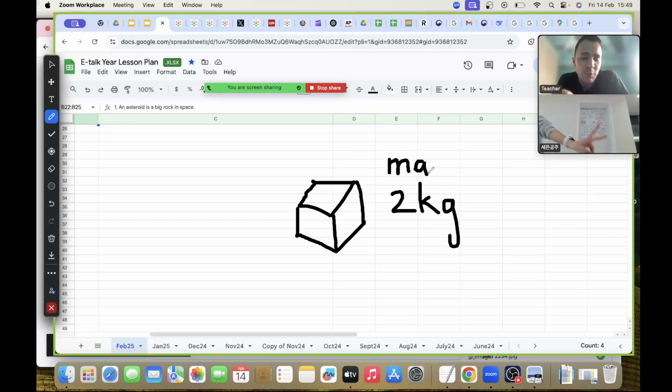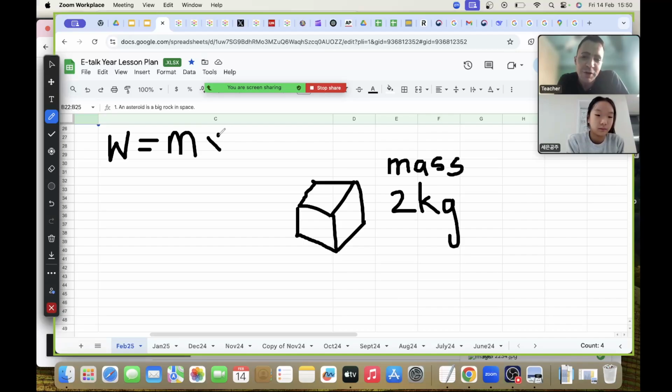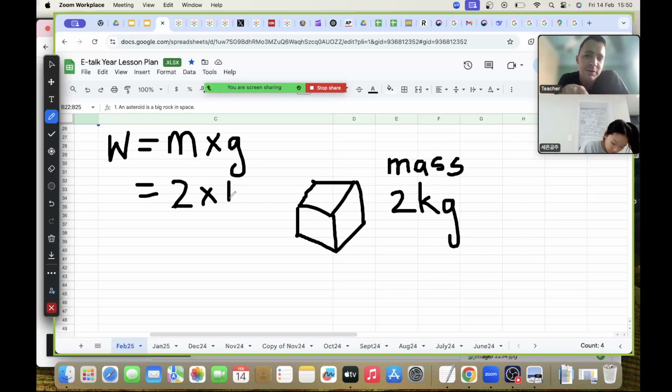If I want to know what is the weight of this box, then I need to get 9 point something. Okay, so now Lily, the weight is going to equal the mass multiplied by the gravitational acceleration, which you said is 9 point something. We can approximate 10. So 2 kilograms times the gravity, 10, so the weight will be 20 newtons.